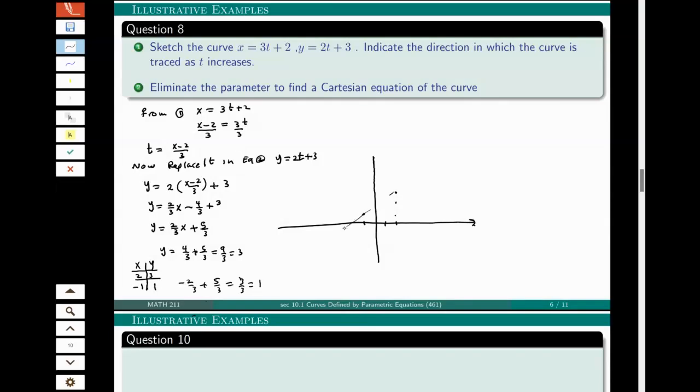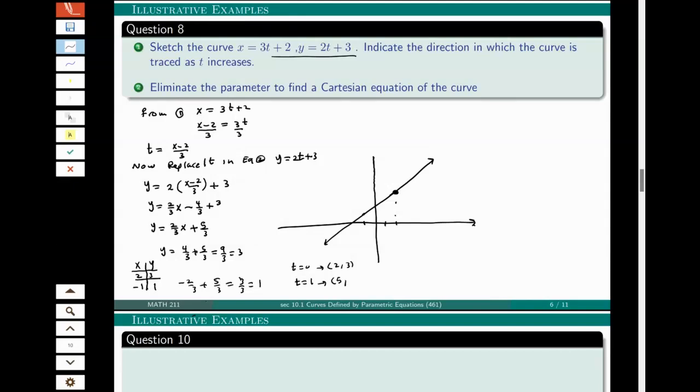So that will be the same straight line we have there. And to select the direction, if we choose t equal to 0, I'll get the values 2 and 3. So that will be 2 and 3, which is this point. If I select t equal to, let's say, 1, I'll get 5 from here.